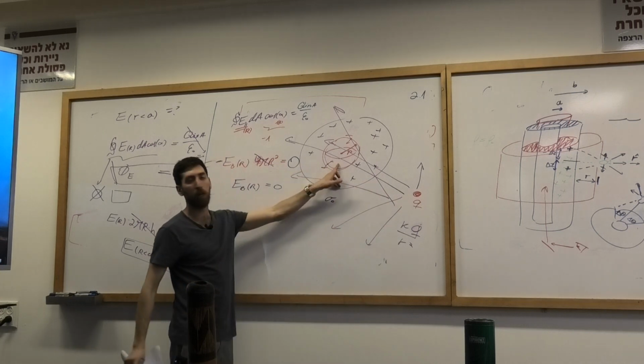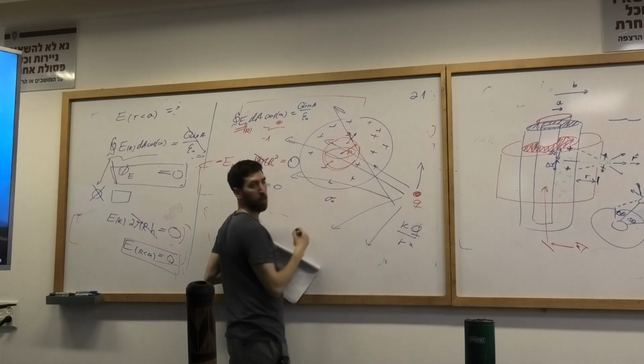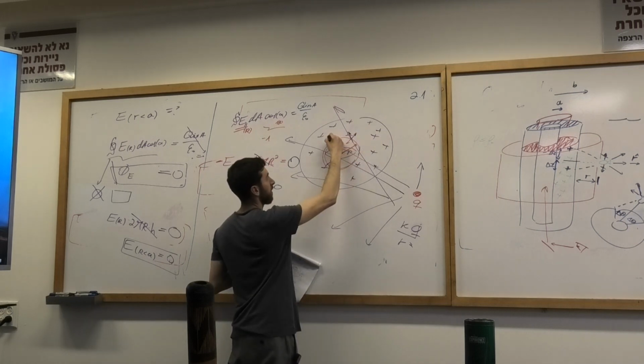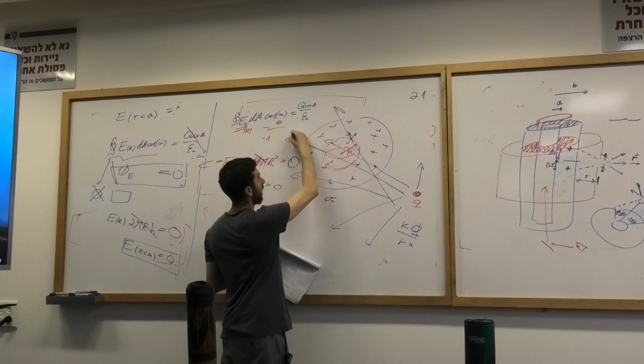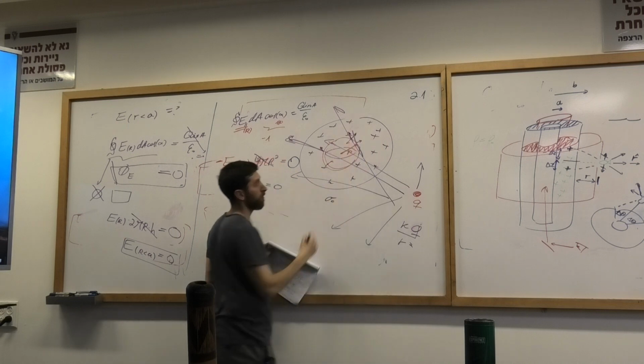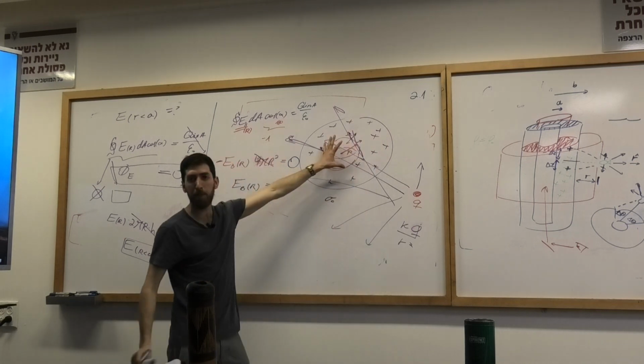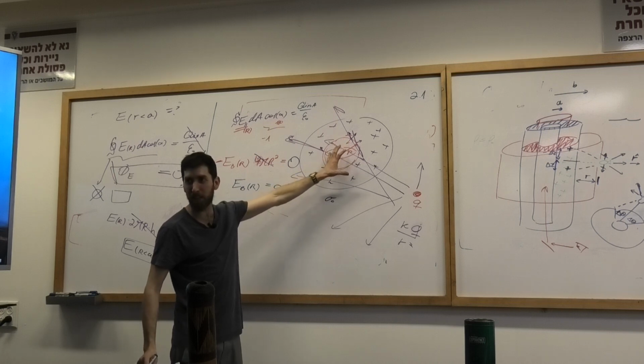You don't know how the electric field behaves here. Look at this dA and this electric field, this dA and this electric field. You see how complicated it is?